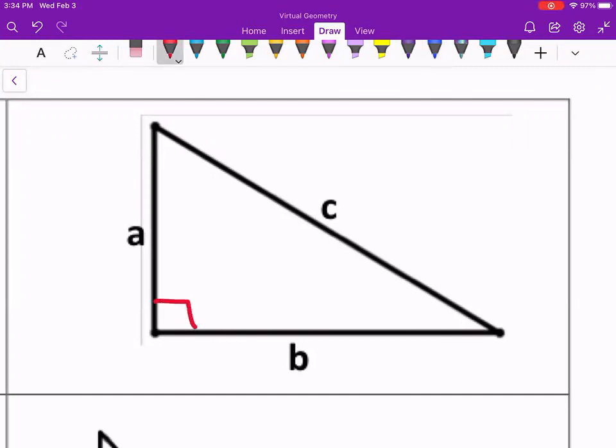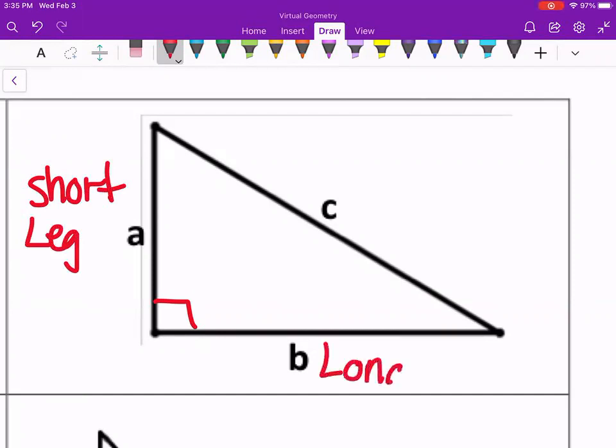So let's make sure we have our right angle in there for this to be a right triangle. Your two legs, like they were with geometric mean, are the A and B. It does not matter which side of the triangle, in all honesty, that you claim to be A or B, but regardless of where you put the A or B, you always have a short leg, which I tend to let A be my shorter side, and you have a long leg, which I tend to let be my B side.